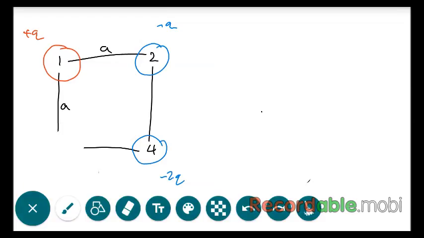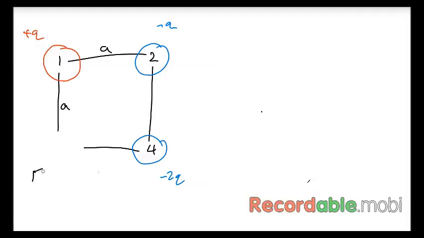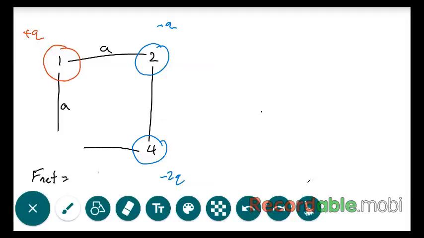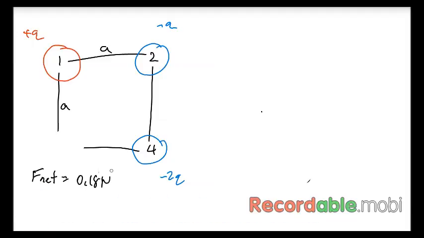Okay, so for part B, it asks, what's the E field at the location of the plus 2 charge if that charge is removed? So to do this one, we know from our previous problem that our net force is equal to 0.18 newtons.